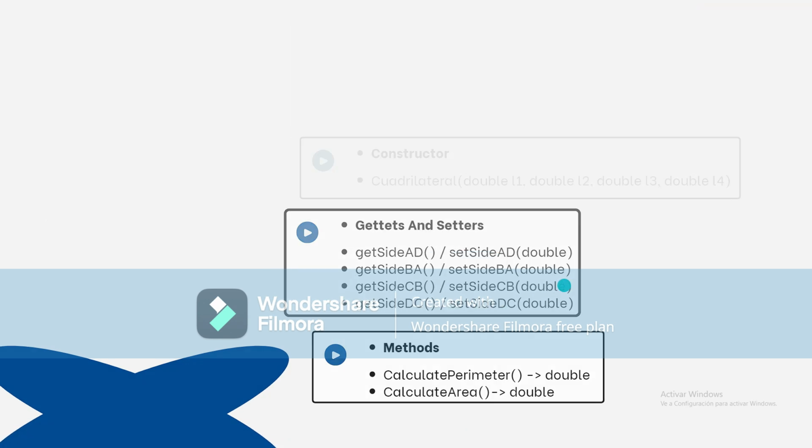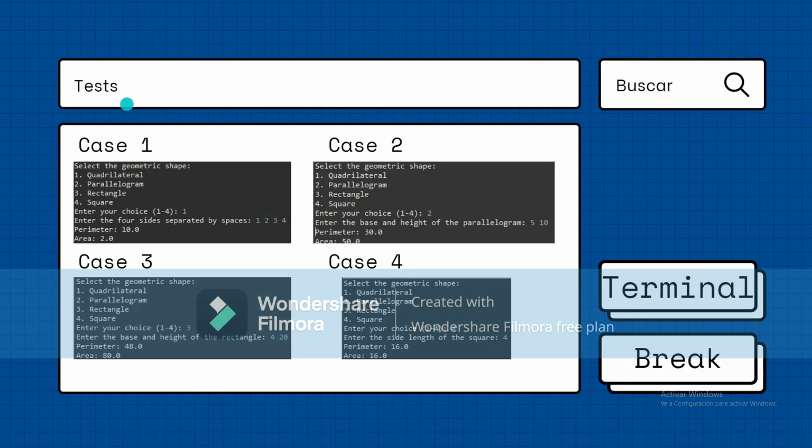Now we pass to the test that I made with the code already done, and I have case one, where I just made the process with quadrilateral, which is just putting four different numbers to get a perimeter and area, and that's it.